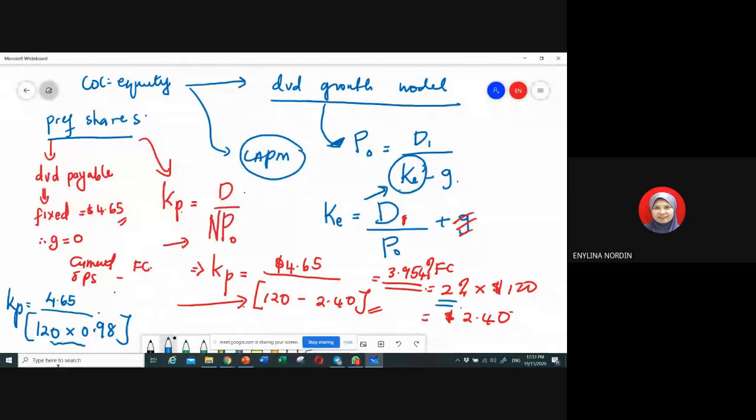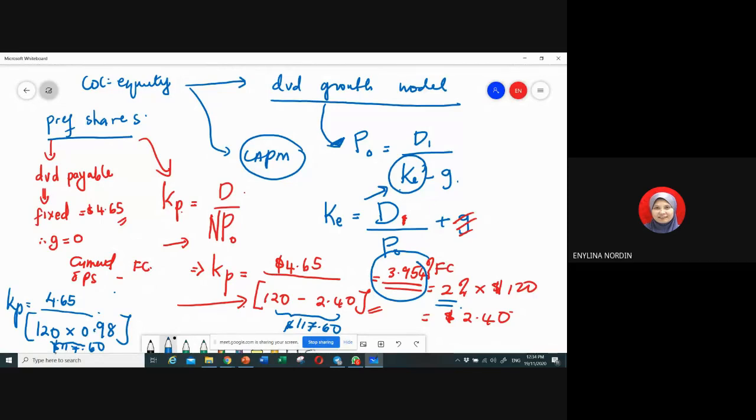So again you will get 120 minus 2.40, 117.60 here. Here too you will get 117.60. So it's up to you whichever you want to use, as long as you do it correctly. So this is the cost of capital for preference shares.